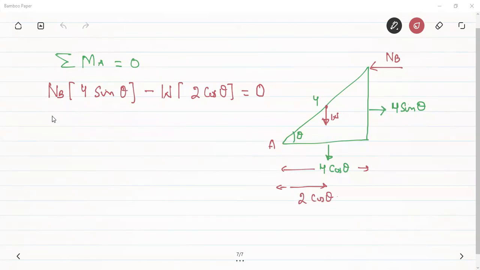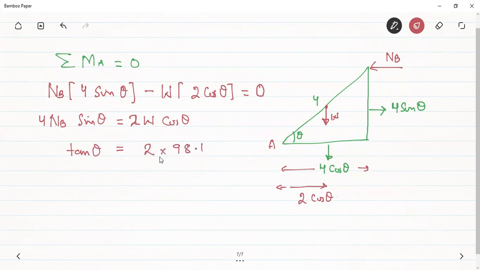From here we get 4 NB sine theta equal to 2W cos theta. Sine theta by cos theta is tan theta, so tan theta equals 2 into W, where the weight is 98.1, divided by 4 NB.